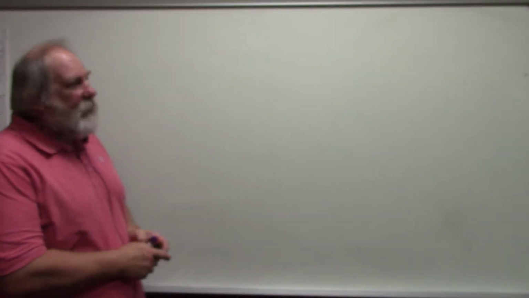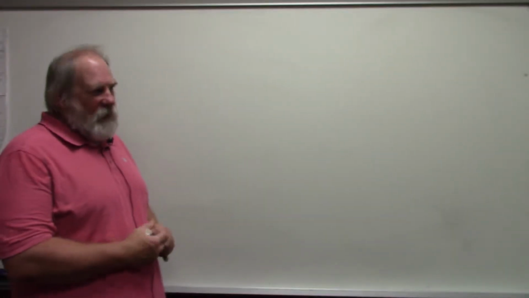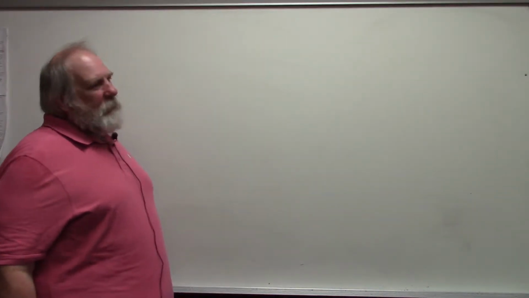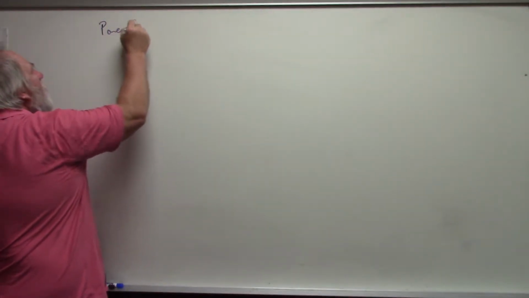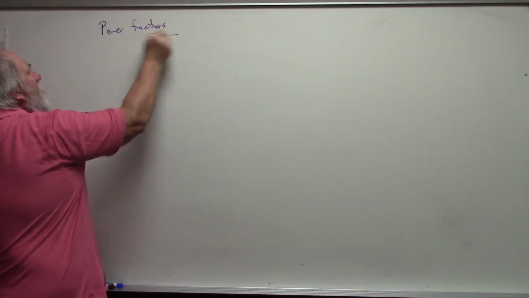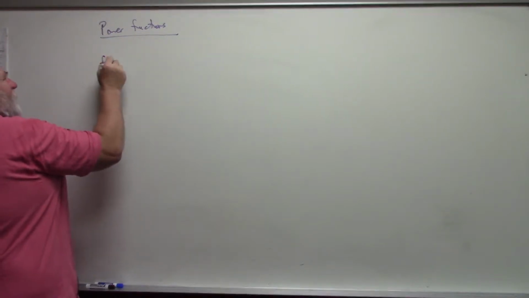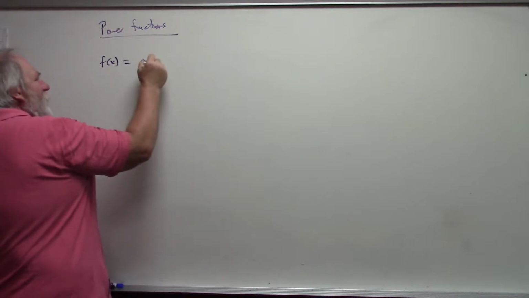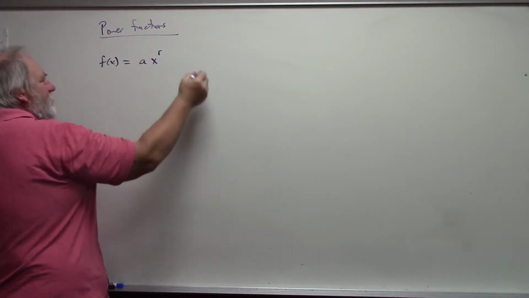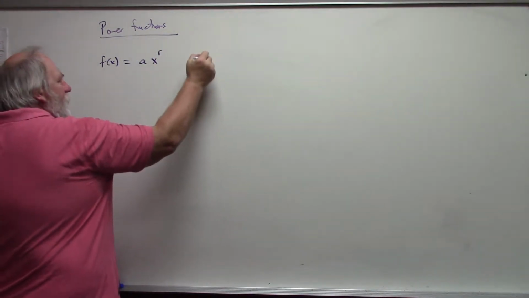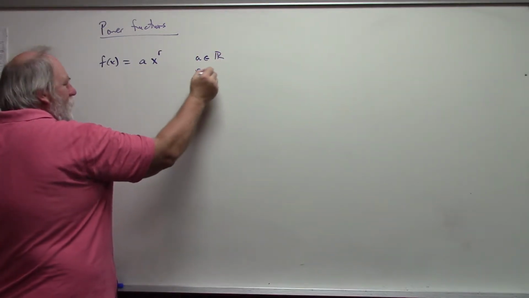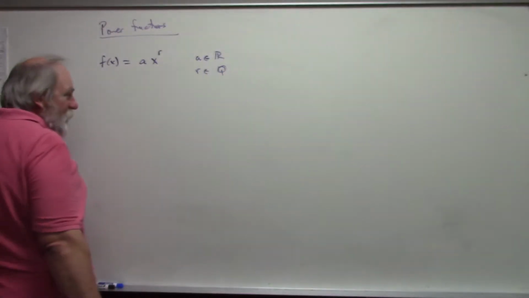Hi, today we're going to consider the derivative of power functions, or power type functions. Power functions are of the general form f of x equals a times x to the r, with a being any real number and r rational, which we use as the symbol for rationals.